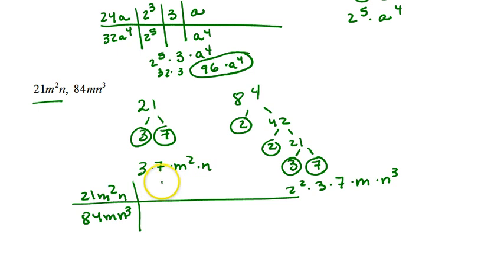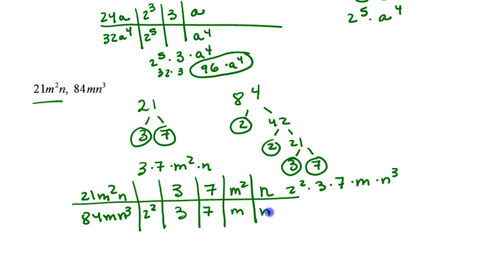Okay, I know I have a 2, so I'm going to leave a space for that. I have a 3, a 7, an m to the 2nd, and an n. Here I have 2 to the 2nd, 3, 7, m, n to the 3rd. Let's bring down the biggest part of each of our columns. 2 to the 2nd times 3 times 7, m to the 2nd, n to the 3rd.